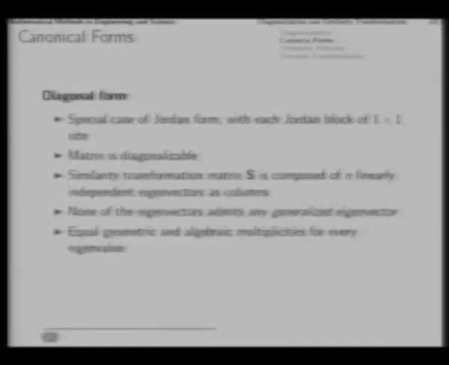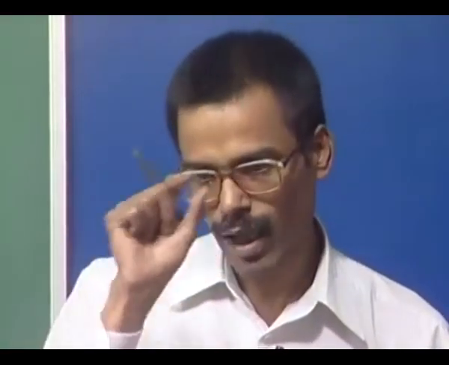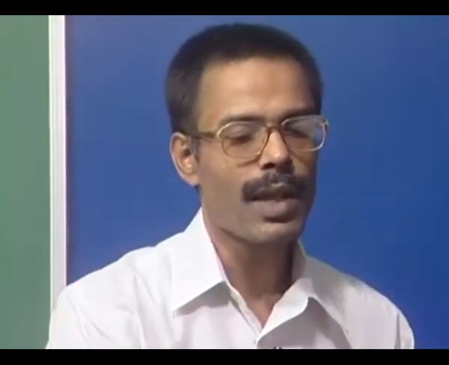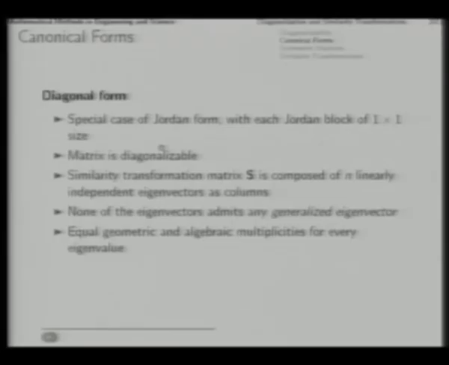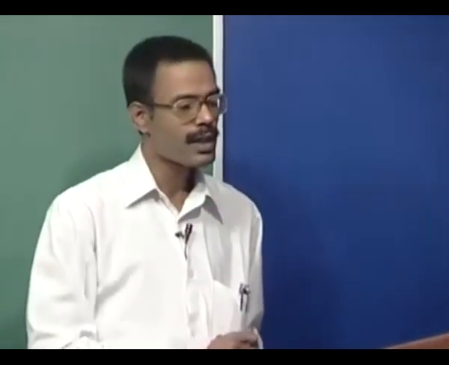A few associated points we can quickly note. First is that the diagonal form is a special case of the Jordan form, with each Jordan block of 1 by 1 size. This immediately means that with the absence of those super diagonal ones, you have only diagonal entries in that canonical form, and that means that the matrix is diagonalizable, and that also means that each S_R bunch will have a single vector, the eigenvector itself sitting there.